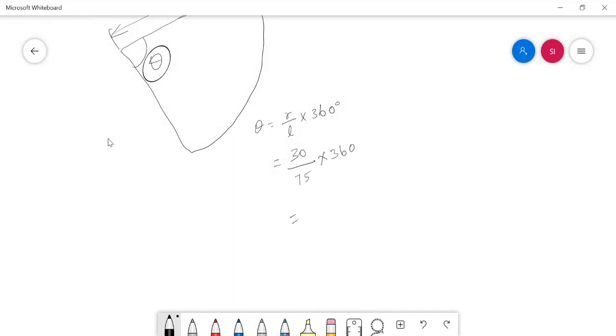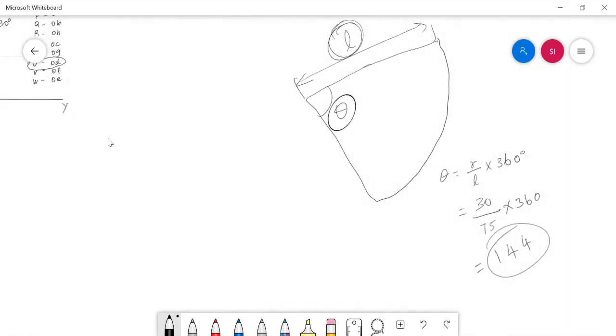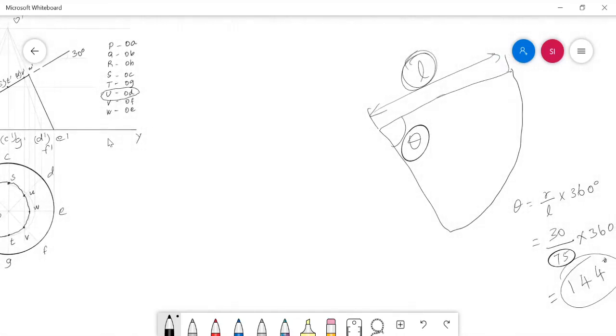When I substitute the values, I get the answer, the favorite number nowadays, 144. By using these two data, I can draw the development of the uncut cone here first.